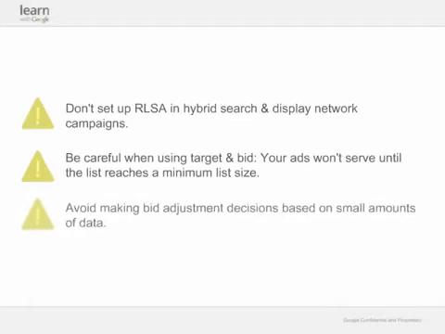And then finally, we'd suggest trying to avoid making bid adjustment decisions based on small amounts of data. You may have hundreds, maybe thousands, hundreds of thousands of ad groups in your accounts, and you're able to make a bid adjustment at the ad group level for each of your remarketing lists. The problem is a lot of times there's such a small sample size of traffic, not only from these ad groups, but from the intersection of the keywords in the ad group and the audience being applied to that ad group.